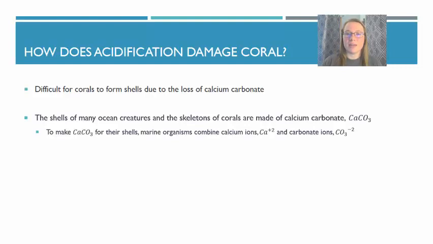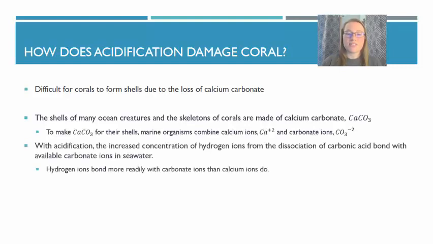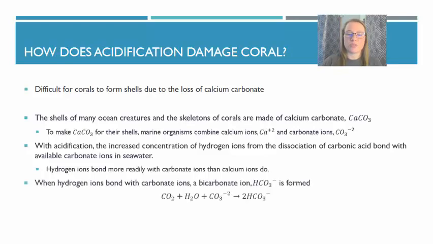ions with carbonate ions. So with ocean acidification, we have an increased concentration in hydrogen ions, and that's going to alter the amount that's available for these organisms. So those hydrogen ions actually bond more readily with carbonate than the calcium does. So we have this competition over a single resource.